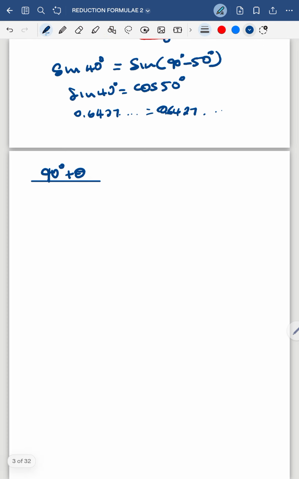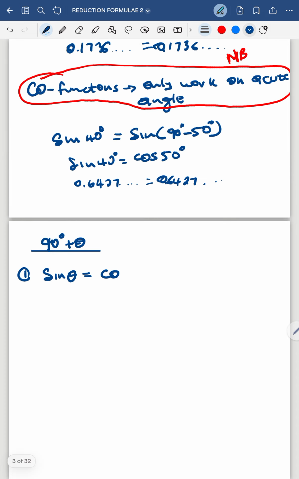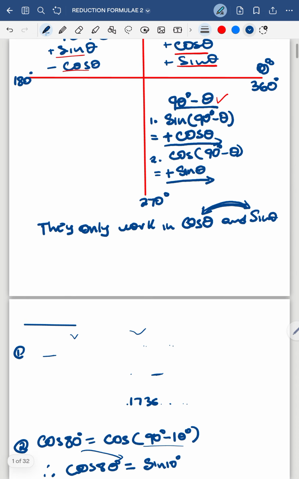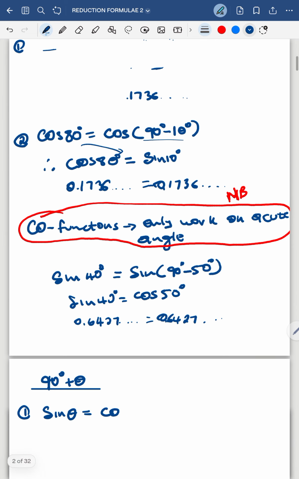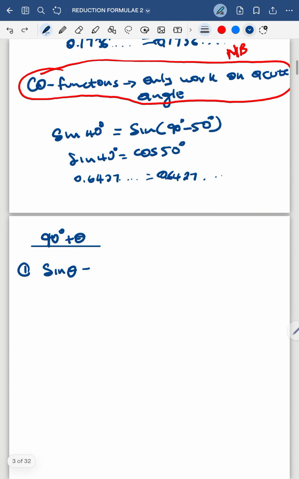So, sine theta, let's write it like this. Guys, here we have 90 degrees plus theta.